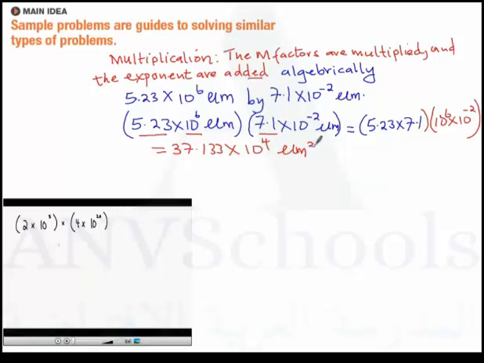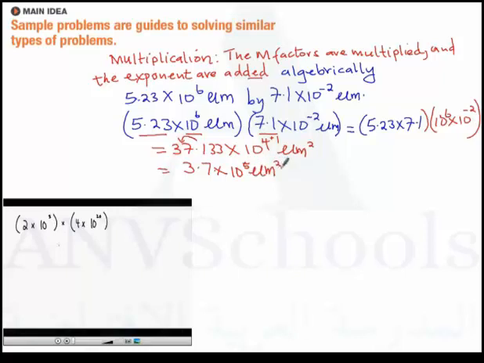So adjust to two significant figures. If you adjust to two significant figures, you will move the decimal point 1 place to your left, and as you move 1 point to your left, this will add 1 to the power, so we'll end up with 3.7 multiplied by 10 to the power 5 micrometers squared.